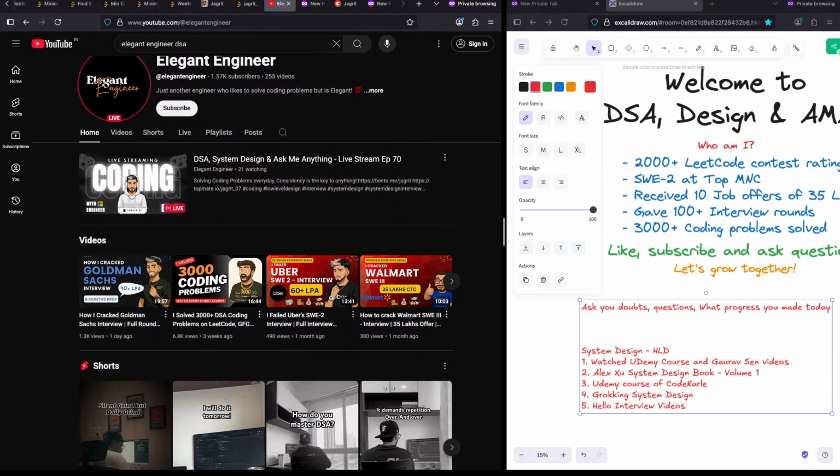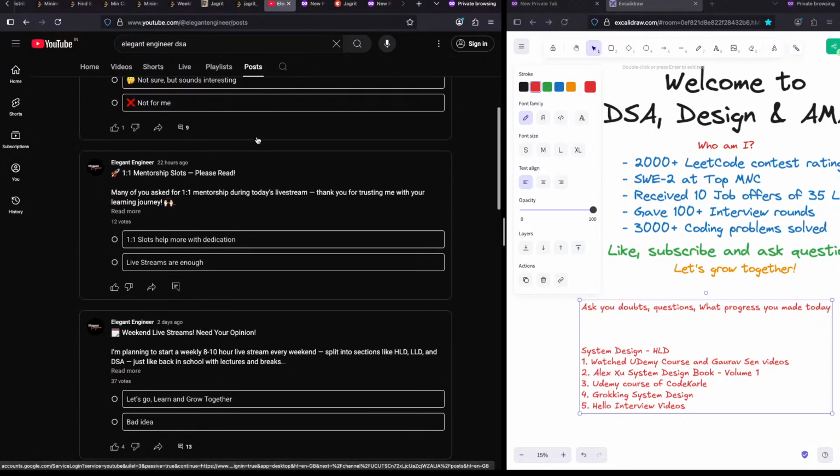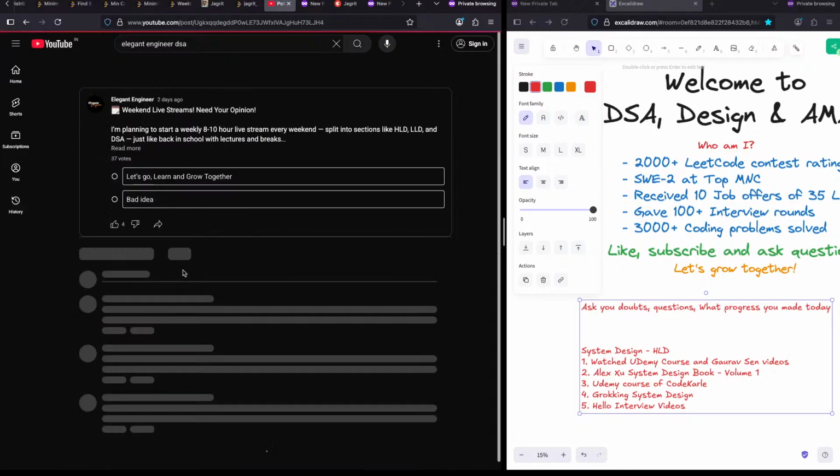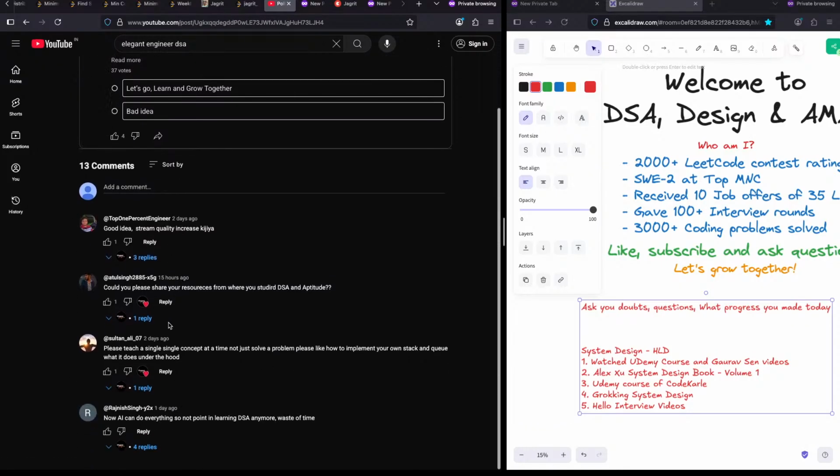Harshadatta asks, what about using ChatGPT to do all the work? Don't ask it to do all the work, bro. I have mentioned in one of the posts that you shouldn't rely on ChatGPT. I got this comment: now AI can do everything, so no point in learning DSA.